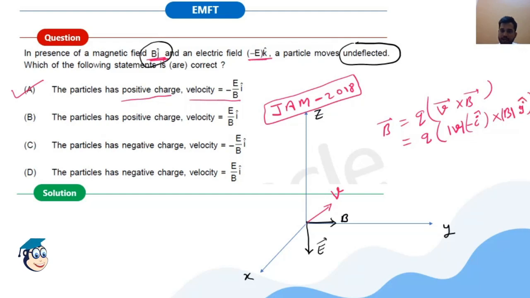You can see that i cross j is k, so minus i cross j is minus k. So this is nothing but Q mod V mod B times k cap, with a negative sign.